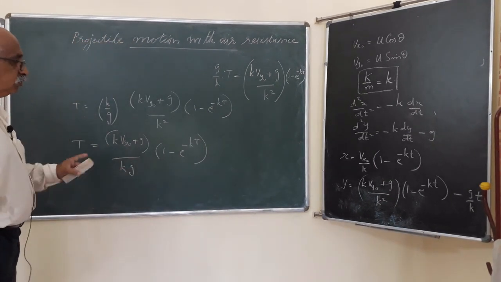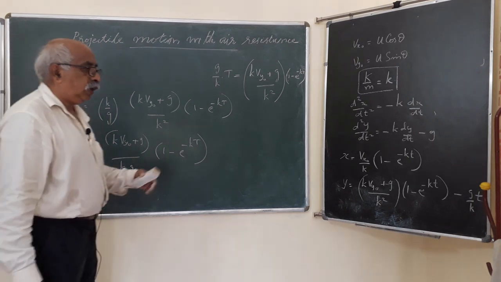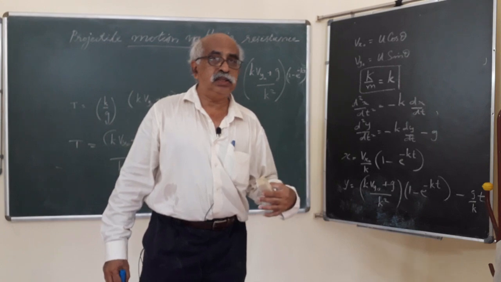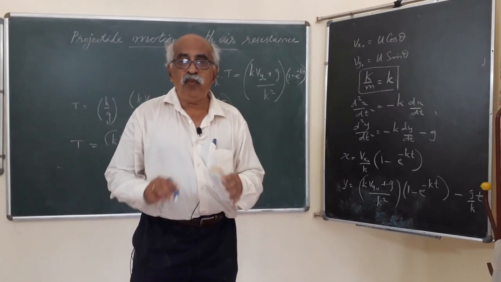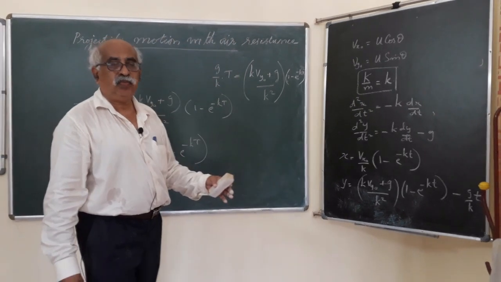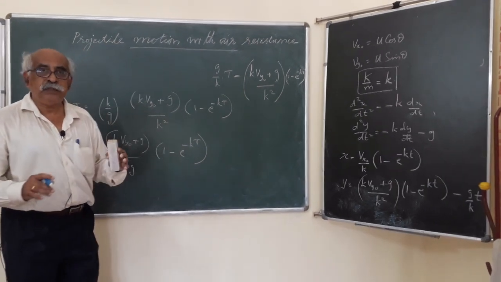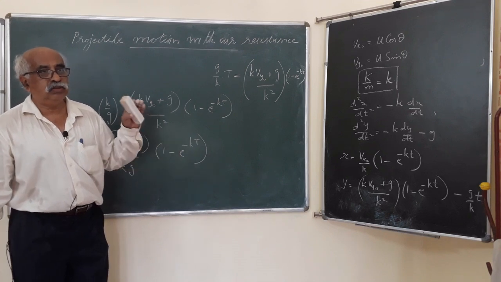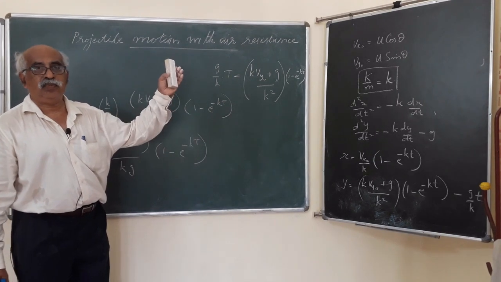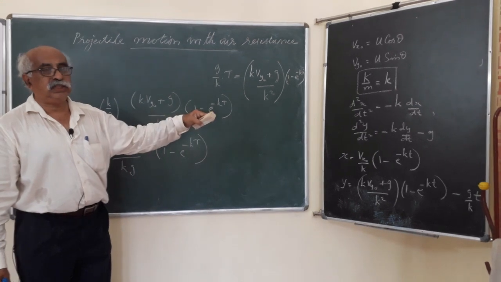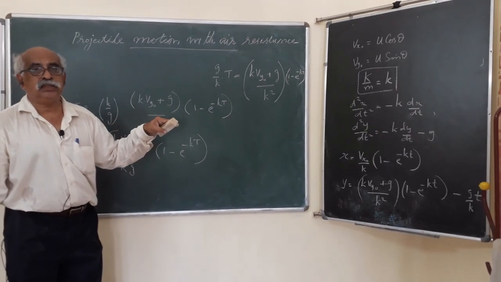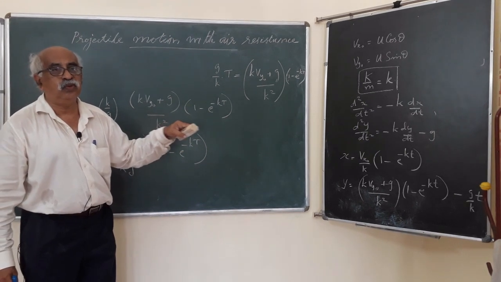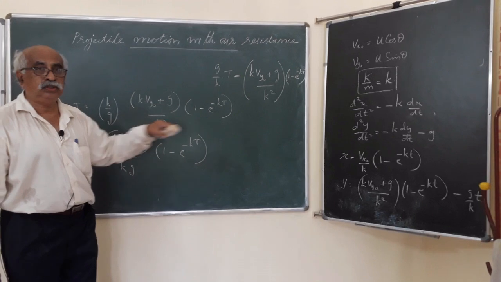With this, we have seen how a problem in which air resistance is also taken into account is handled. We consider, as in the previous cases, that we split up the motion into two components, one horizontal and the other vertical. Along the horizontal direction, there is only air resistance. There is no acceleration due to gravity or force due to gravity along the horizontal.